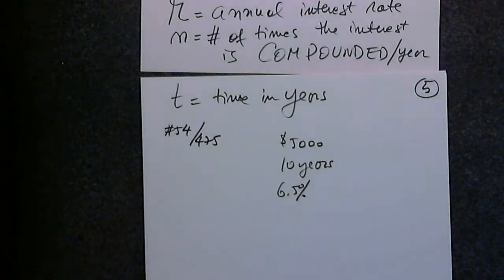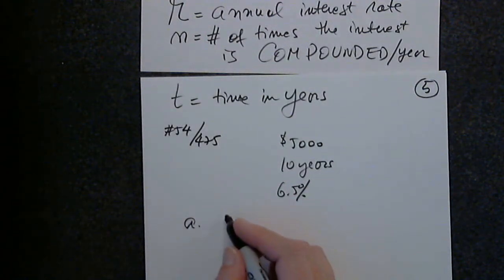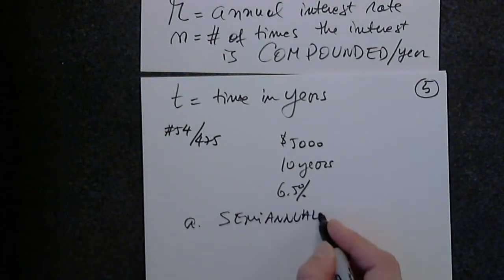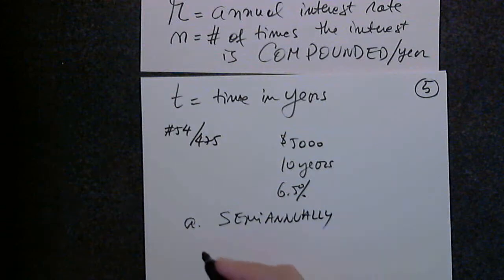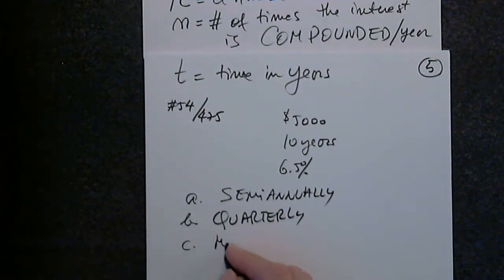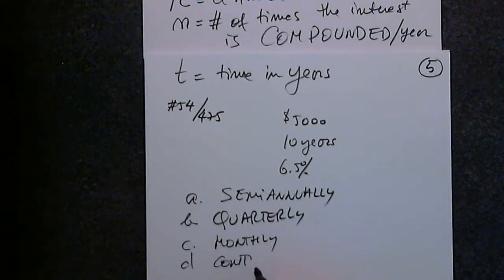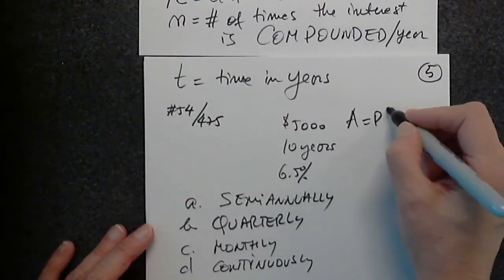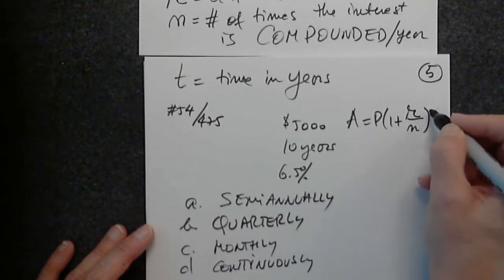If the money is compounded, part A, semi-annually, B, quarterly, C, monthly, and D, continuously. I'm going to copy the model here: A equals P times (1 plus r over n) raised to nt.